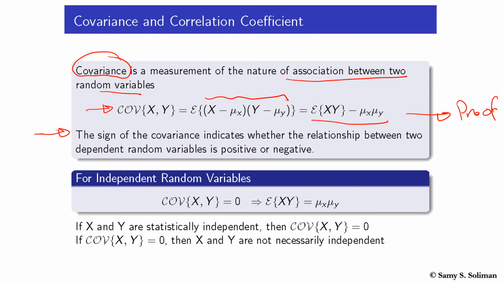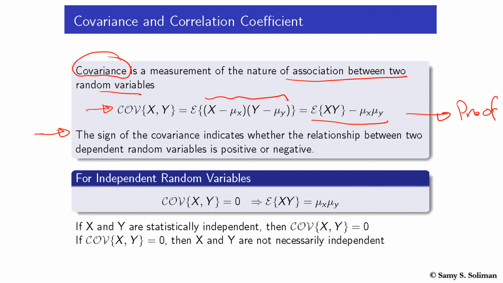However, if the covariance is negative, that means the relation is negated. So, for example, if random variable x increases, then random variable y will be decreasing. So this is the sign of the covariance. The value of the covariance itself gives us a measure of how strongly the two random variables are related together.